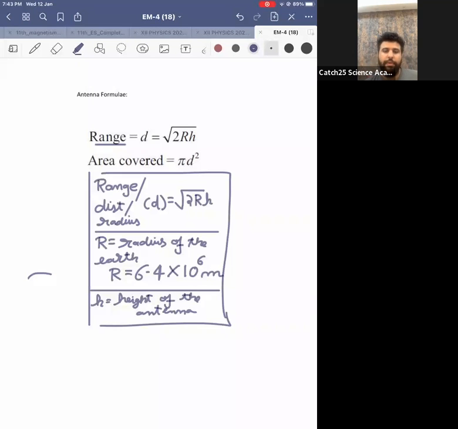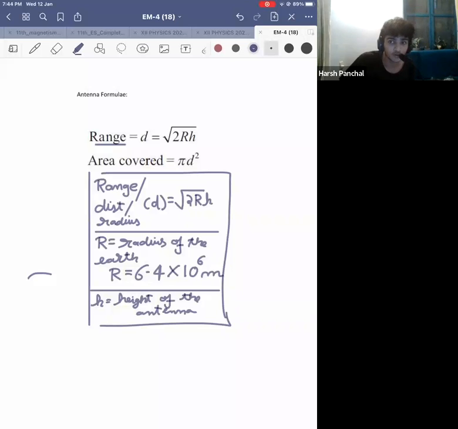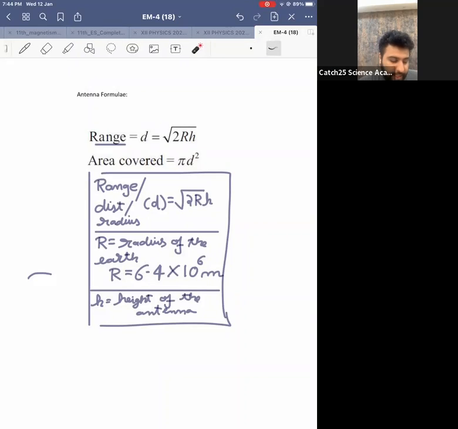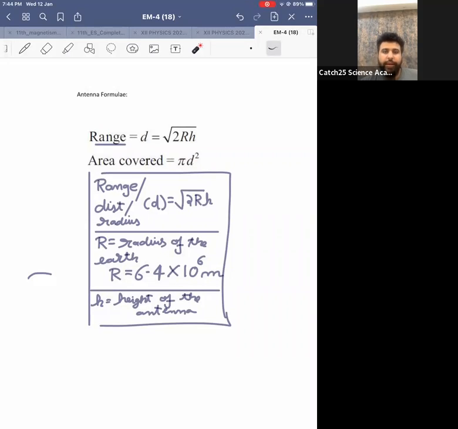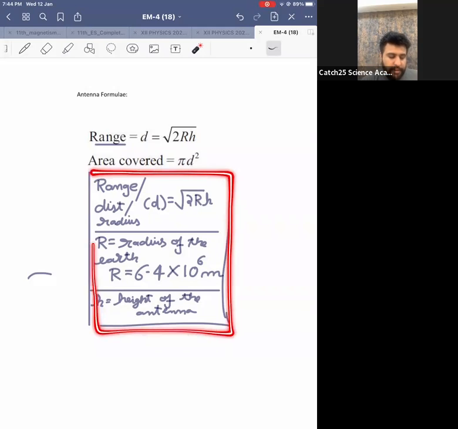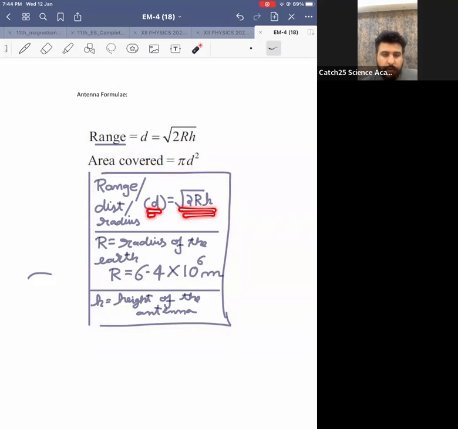Sir, can you repeat it? It's on the screen, just check. Write down this as it is. The formula is D is equal to square root of 2 capital R into H, where R is the radius of the earth, whose value is 6.4 into 10 power 6 meter, and H is the height of the antenna. Make a note.